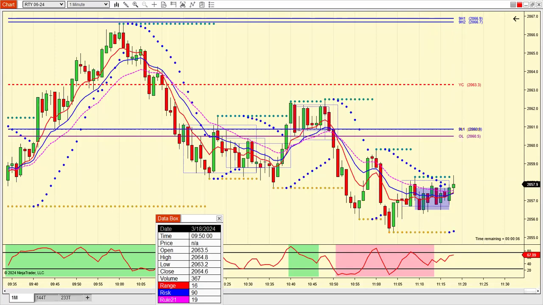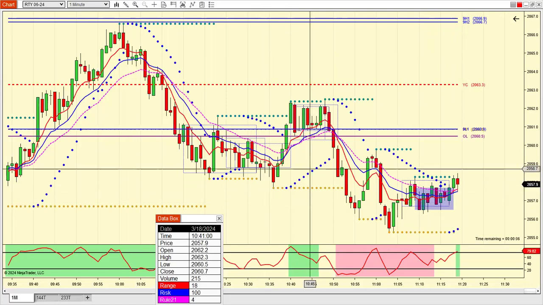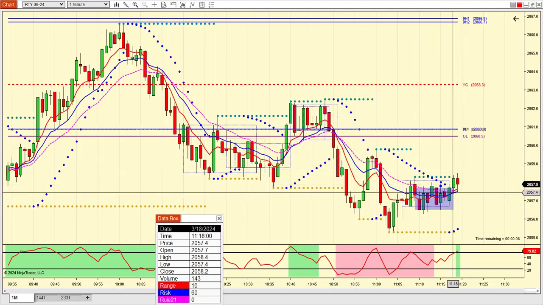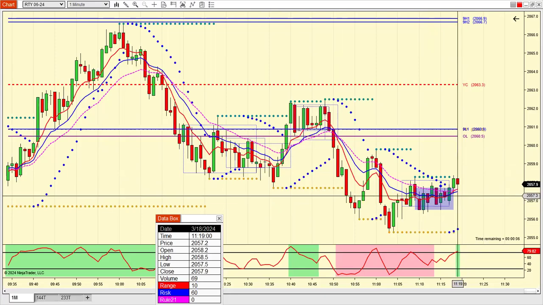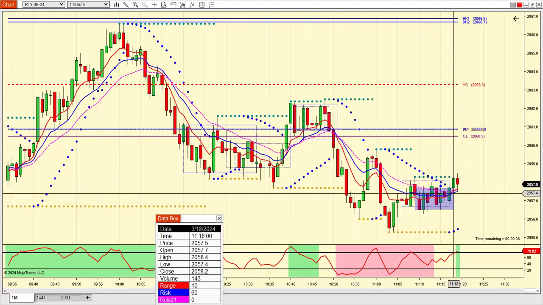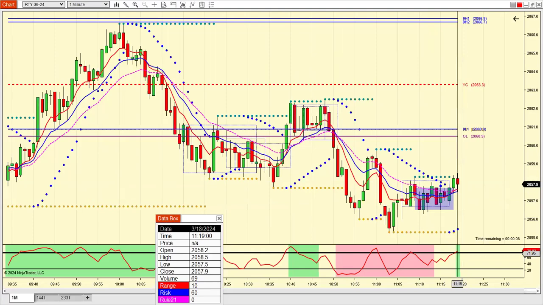Now let's finish this off. RTY, 1 minute, breakout confirmed. Oh, we do have a confirmed breakout. It started here when we were still in congestion, and it confirmed there by trading above that breakout bar. And notice it's green. We have an uptrend. Let's see if it follows through or if it goes back in.